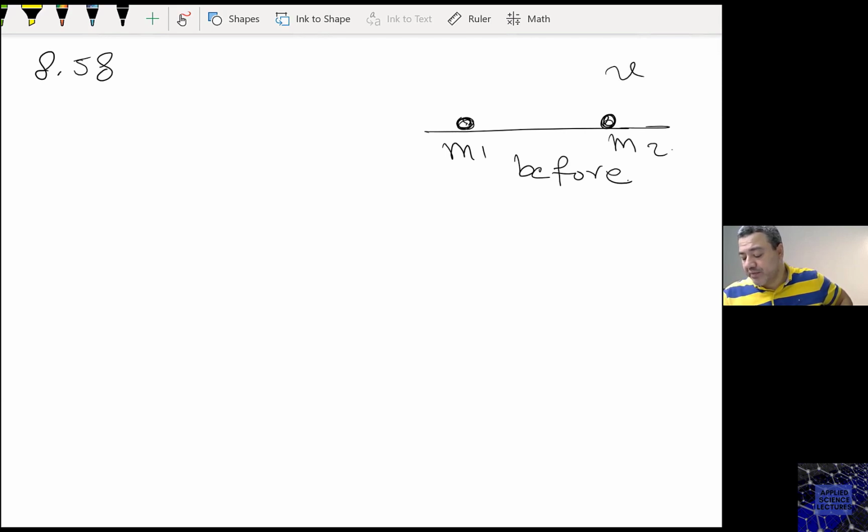You were stationary, which means your velocity was 0. He was running toward you with velocity v1.